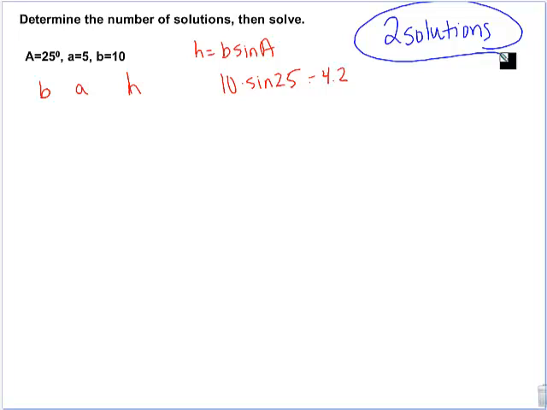So how can we set this up using law of sines? And what can we find first? So angle A is 25 degrees, side A is 5, and side B is 10. How can we set this up using law of sines?